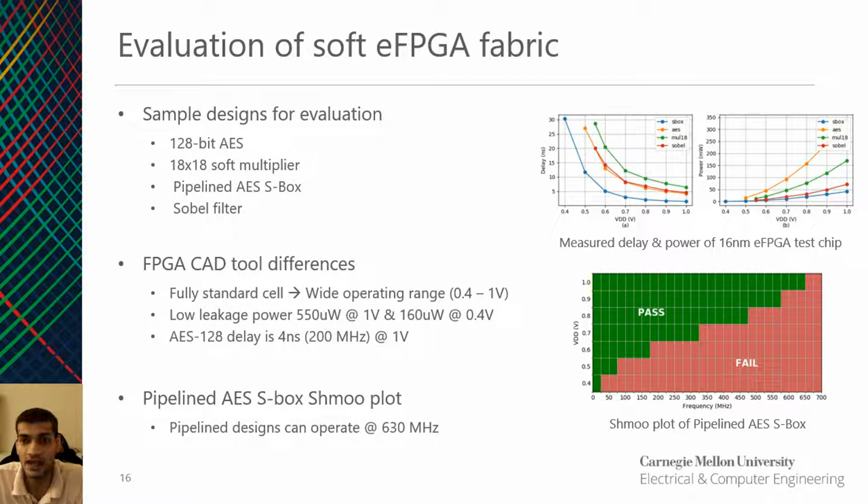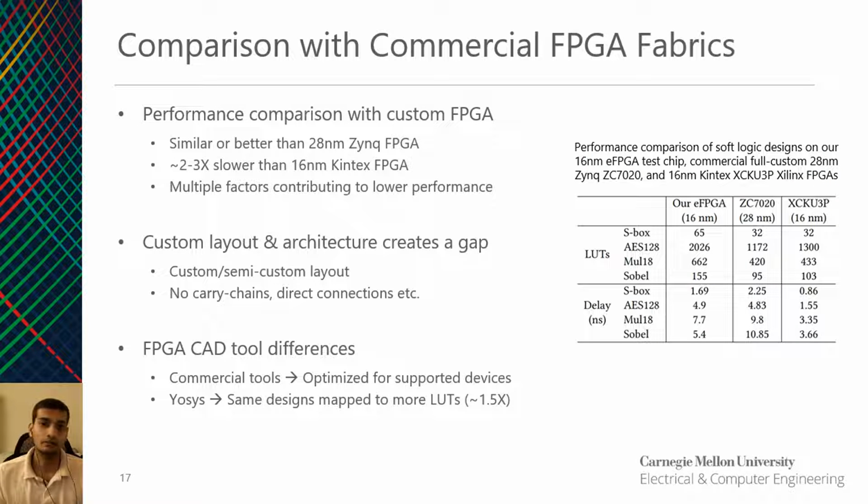design is heavily pipelined. We also compared the performance of our 16nm eFPGA test chip with commercial FPGA fabrics and show that our test chip performance is comparable to a 28nm Zynq FPGA and is about 2 to 3x lower than a 16nm Kintex FPGA.